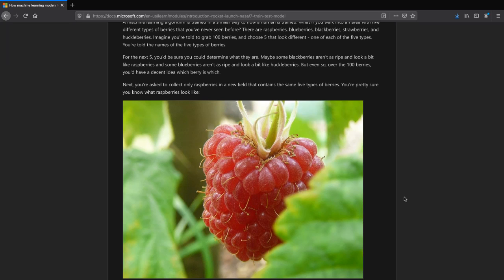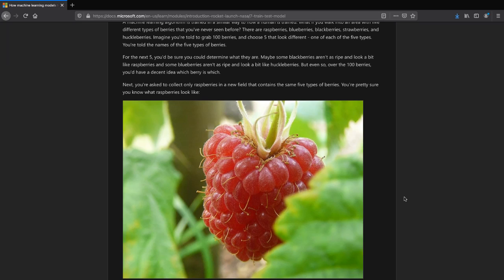And so if we have some berries that we've collected and we have some characteristics about the berries, size, color, shape, things like that, and we know whether it's a raspberry or a blackberry or a blueberry or something, then a machine learning process might learn to associate the characteristics of the individuals with the class of berry that it belongs to. And so this is kind of how machine learning works as well, right?